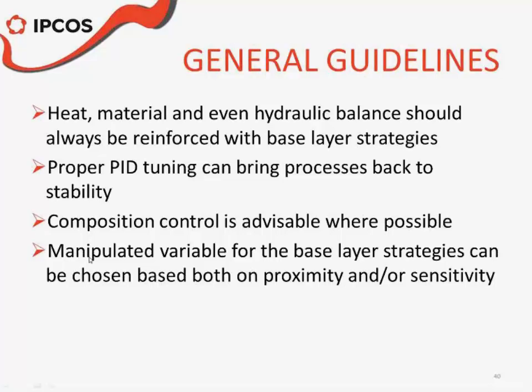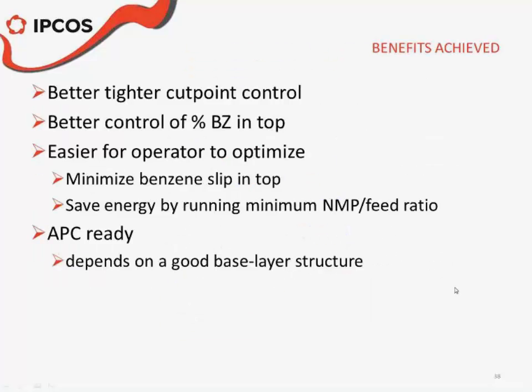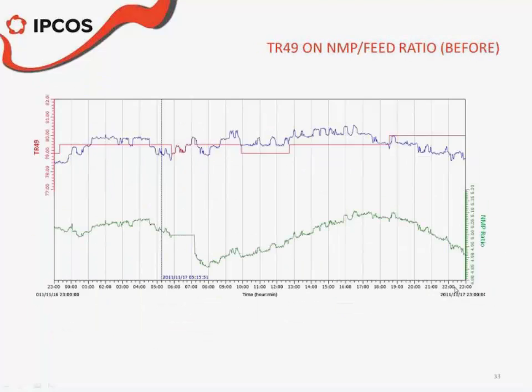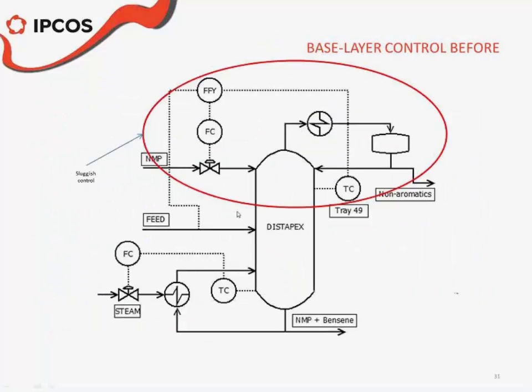And finally, probably coming from the last example, the manipulated variable for the base layer strategy can be chosen based both on proximity and or sensitivity. I mean, let's just remind this a little bit. Based on proximity, it seems like this temperature is likely to be controlled with the ratio easily, but it's actually not.